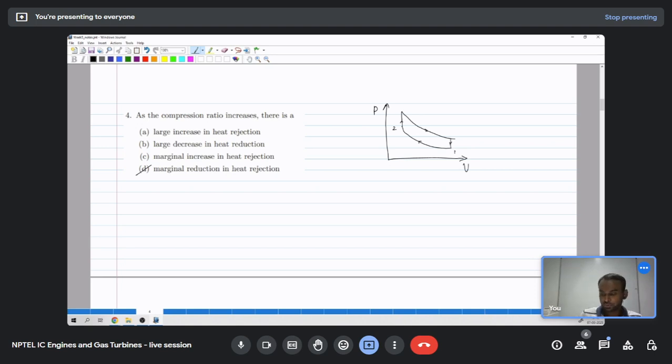So now when you have a high compression ratio, in case of the ideal case, you will not find any change. When the compression ratio increases, I will mention that with a dotted line. Then it goes higher.